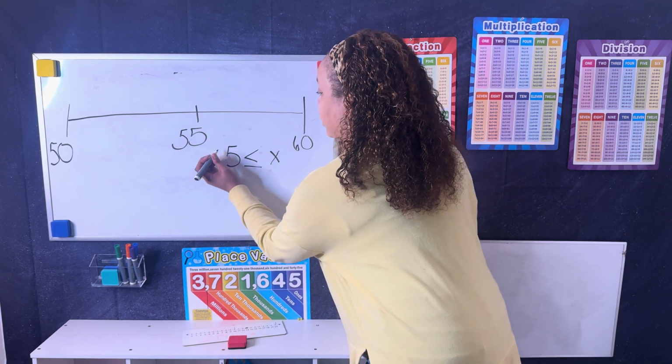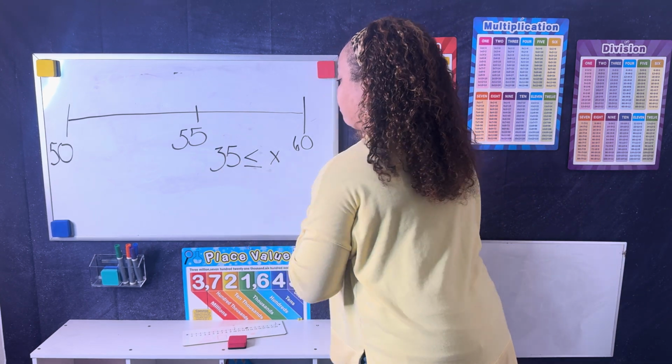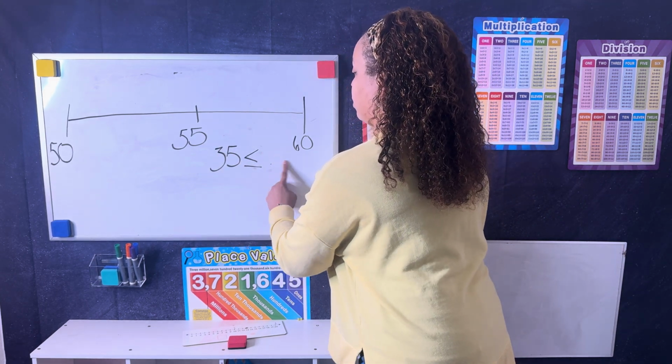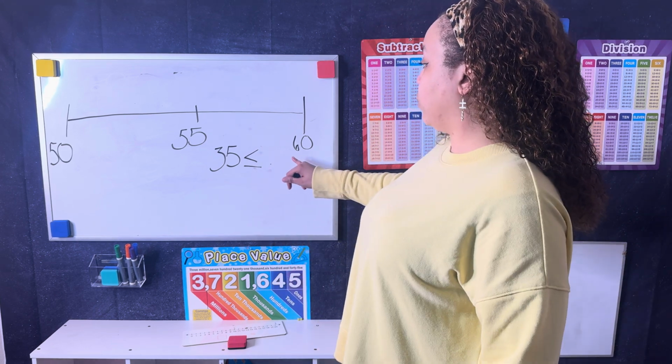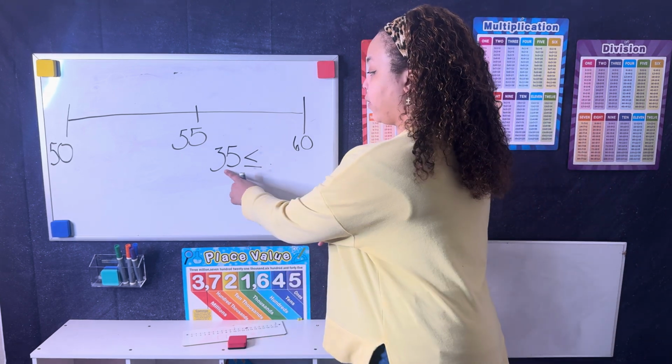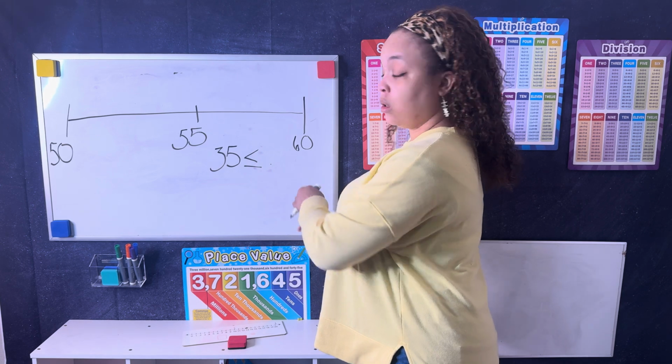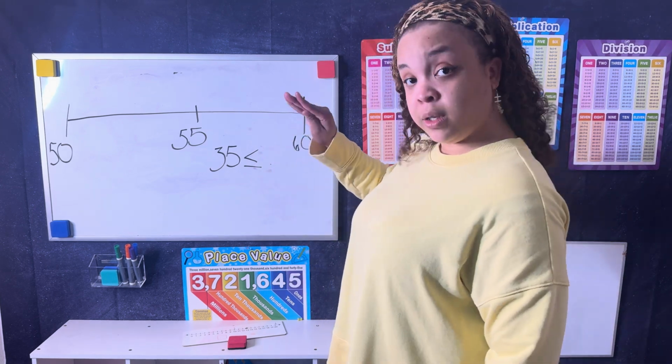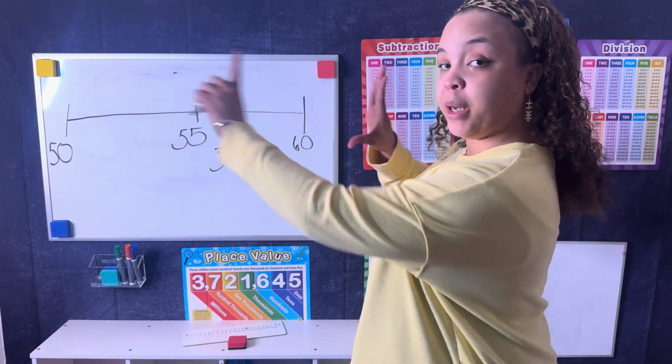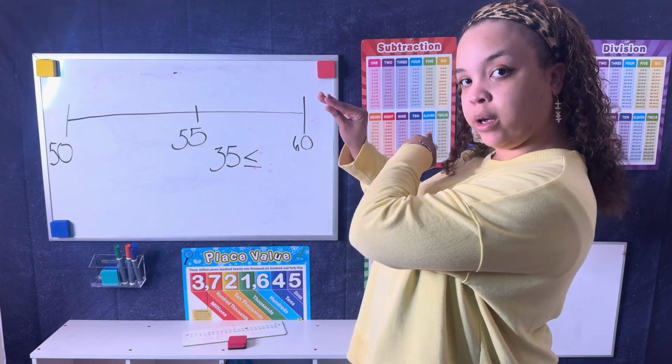So let's say this is 35. In order to round up, it has to be 35 or bigger. Wherever this mouth opens up to, it's bigger, and smaller the other end.